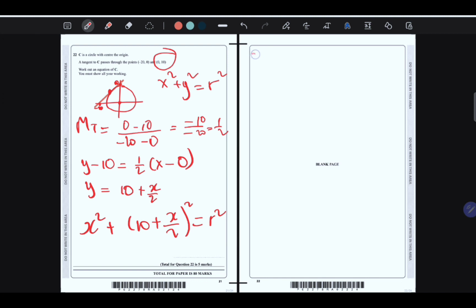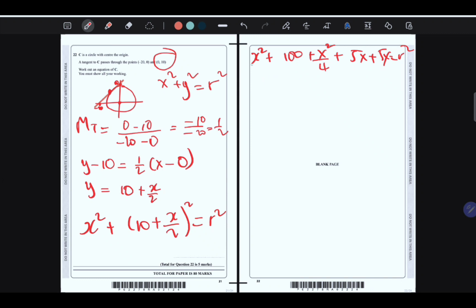And now if I expand the bracket, I'm going to have x squared plus 100 plus x squared over 4, pardon me, plus 10x, equal to r squared.